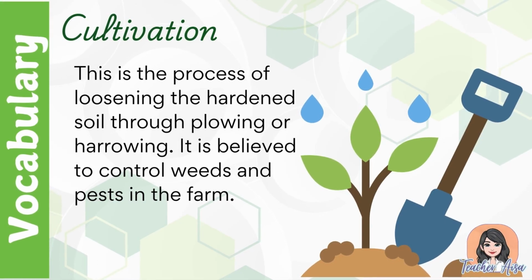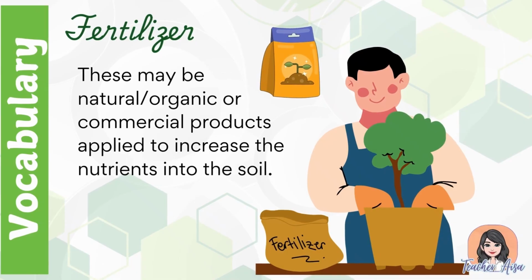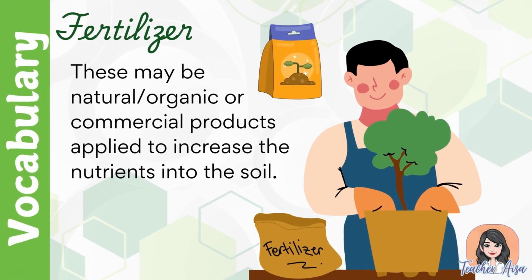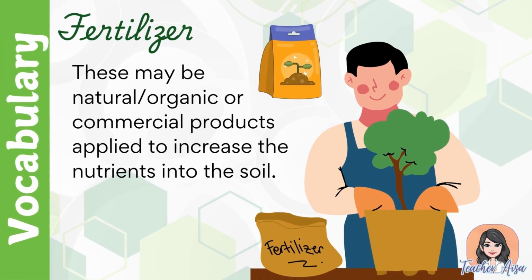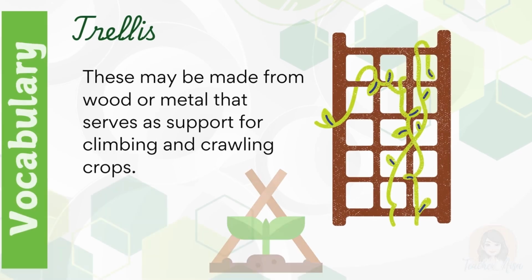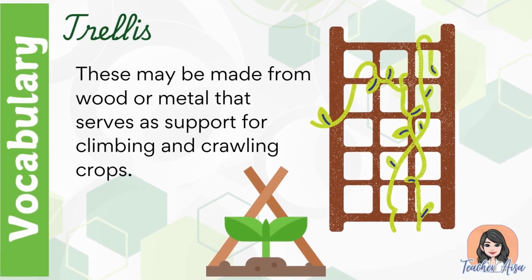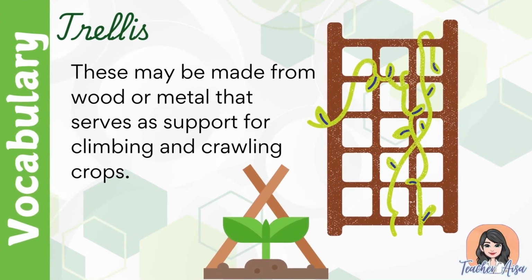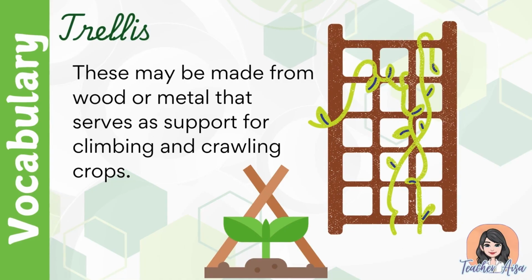It is believed to control weeds and pests in the farm. Fertilizer. These may be natural or organic or commercial products applied to increase the nutrients into the soil. Trellis. These may be made from wood or metal that serves as support for climbing and crawling crops.